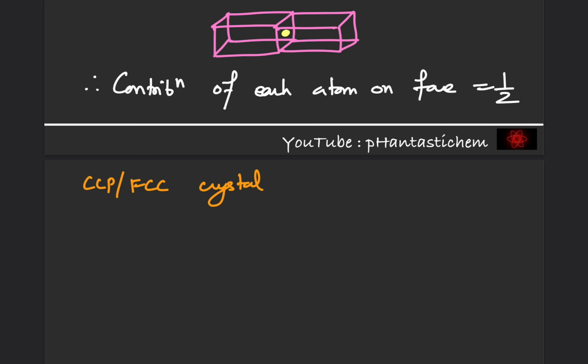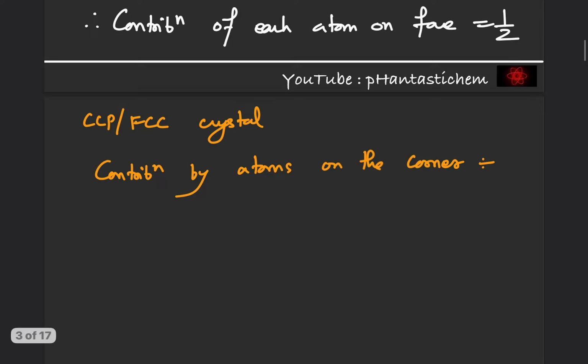Since there are total 8 atoms on the corner, the contribution by atoms on the corner will be, one atom in the corner's contribution is 1 by 8, and there are total 8 atoms on the corner, so it will be 1.